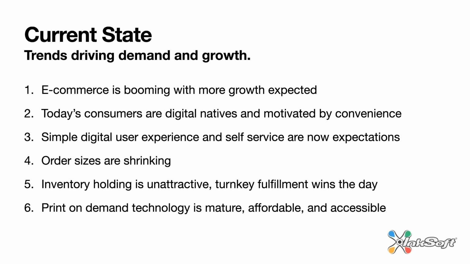Now, the other consideration here is that print on demand technology, of course, continues year over year to improve in terms of speed of print, quality of print, and cost reductions, cost per print. So the reality today is that direct to garment and digital print technology, really optimized for print on demand and mass personalization, is mature. It's no longer brand new, bleeding edge technology. It's been around for a long time. It's affordable and widely accessible.